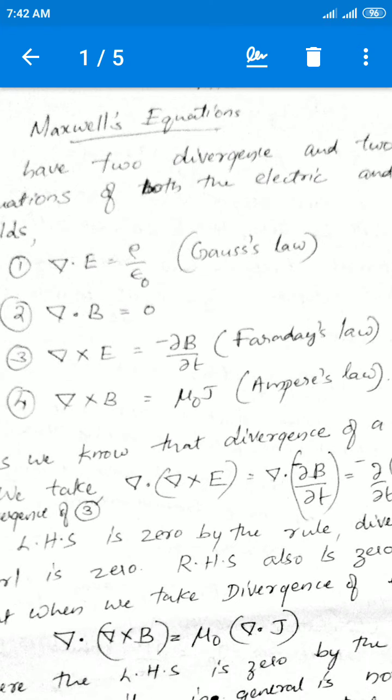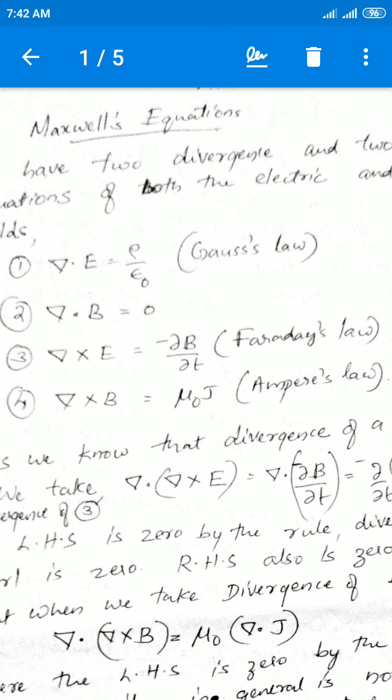Now curl of magnetic field B is equal to mu 0 into J, where J is the current density. Remember, rho was the charge density, J is the current density. So magnetic field will be developed only when charge is moving. When charge is moving, that means current is developed. So when current is there, around the wire through which the current is passing, there will be magnetic field. That is how magnetic field is developed.